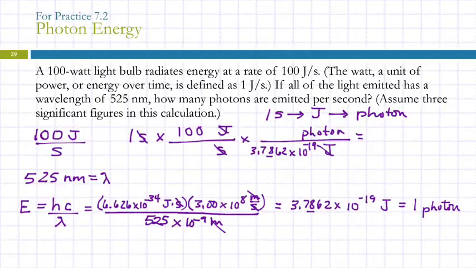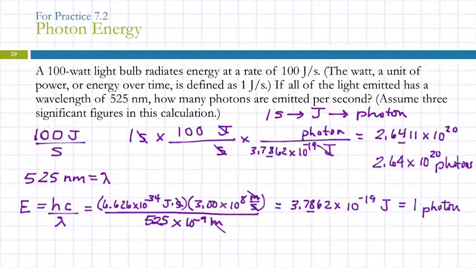So then we do the calculation. 1 times 100 divided by 3.7862 times 10 to the minus 19. 2.6411 times 10 to the 20th. So we were instructed to use 3 sig figs, so 2.64 times 10 to the 20th photons in 1 second.